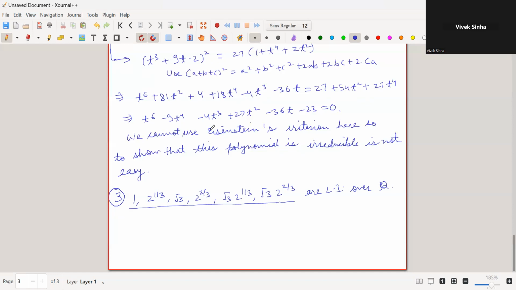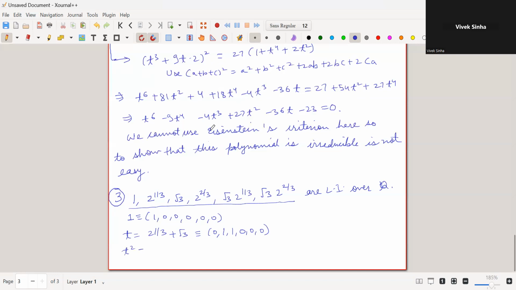First we have 1, that is of course 1 0 0 0 0 0. How many do we have? 6 elements, right? Then t, which is 2^(1/3) + root 3. So that will correspond to 0 1 1, and then 0 0 0.